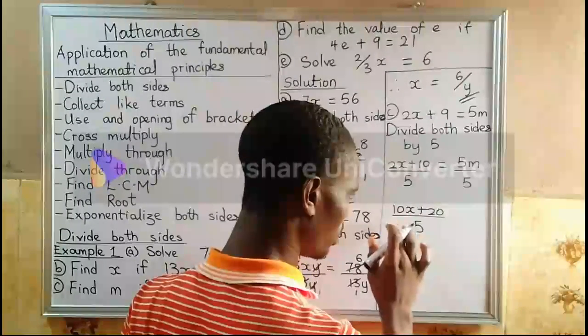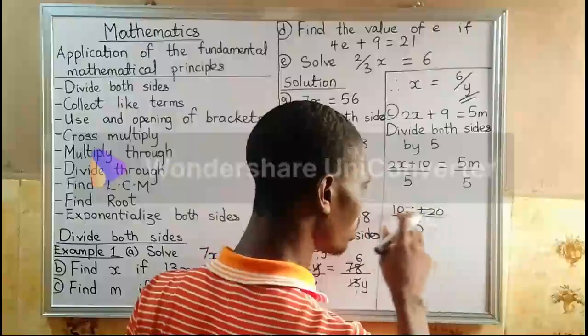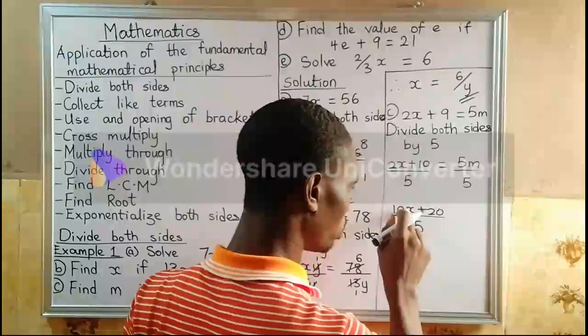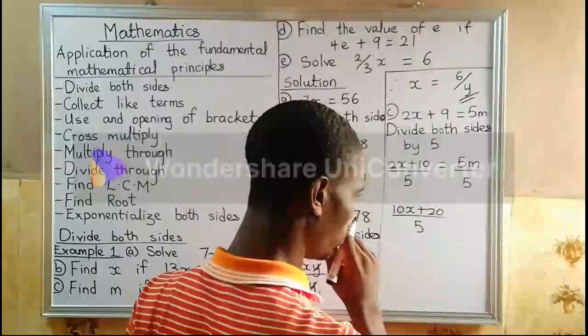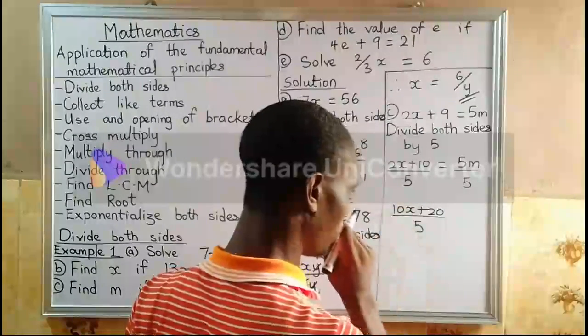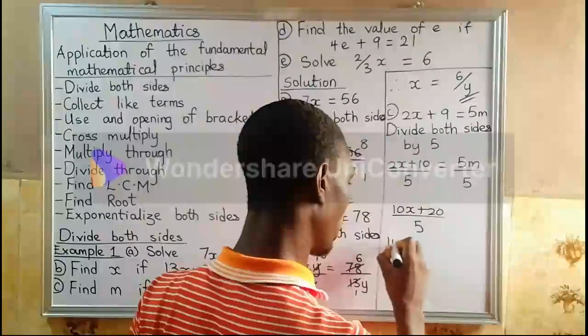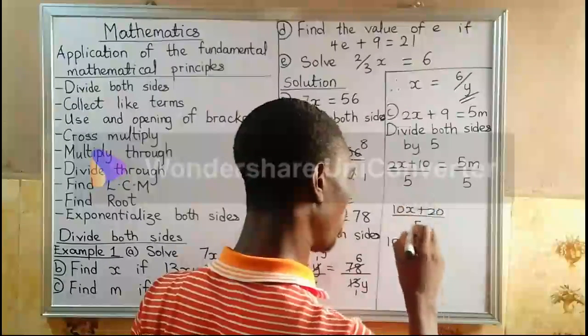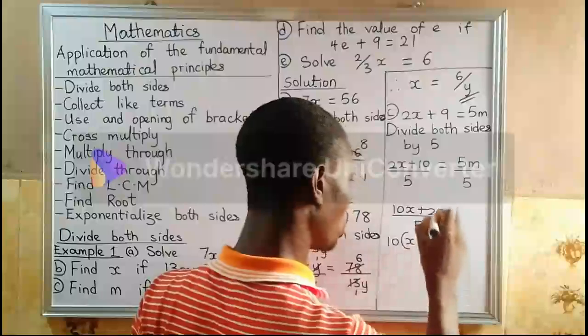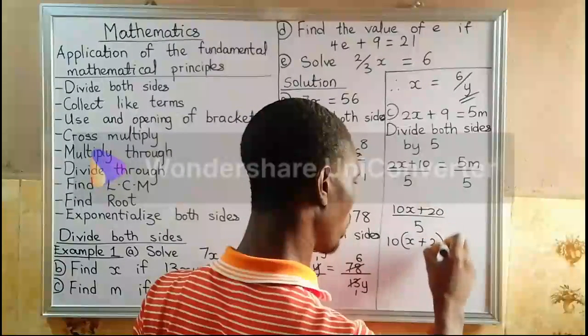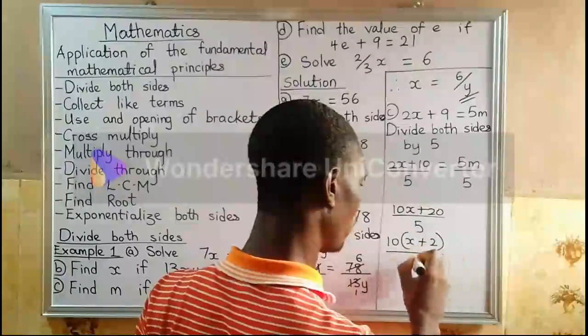You notice that there is something common to the first term of this numerator and the second one, and 10 is that number that is common to them. So you bring that 10 out. So if you take 10 out of these, 10x divided by 10, it remains x, plus 20 divided by 10, that's 2. So that's how to factorize, then all over 5.